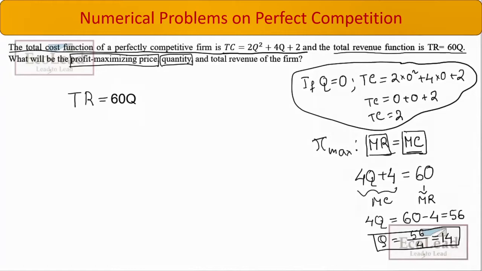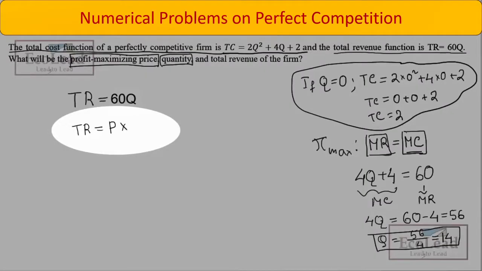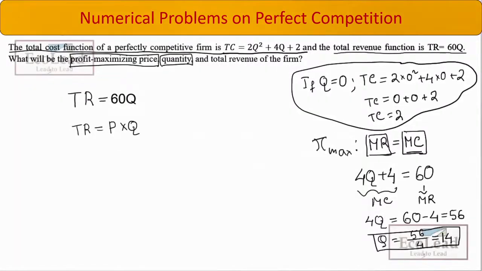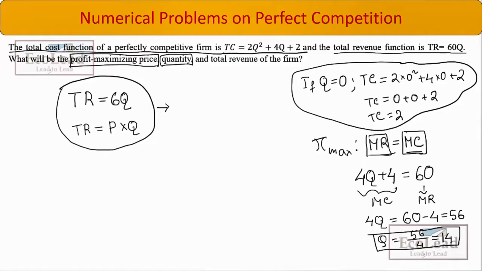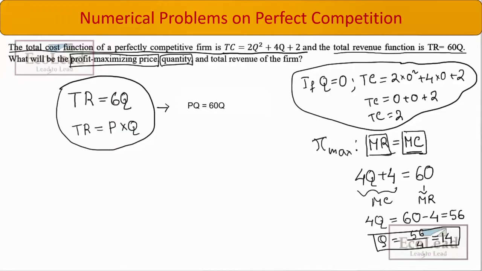Formula for total revenue, we know that total revenue is nothing but price multiplied by Q, or if I take these two information together, I can write it as PQ equal to 60Q.